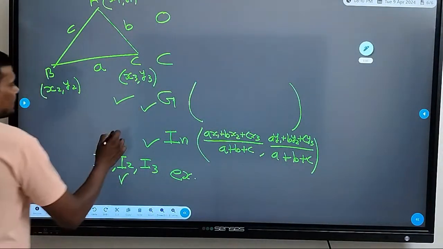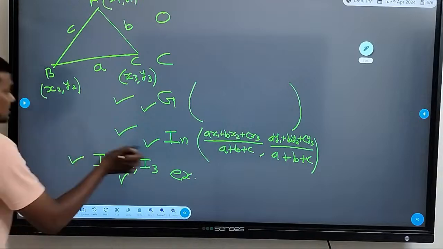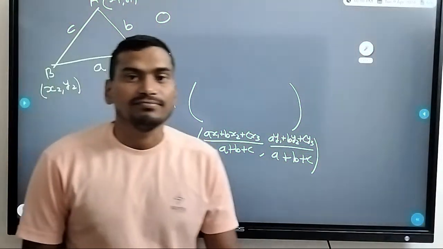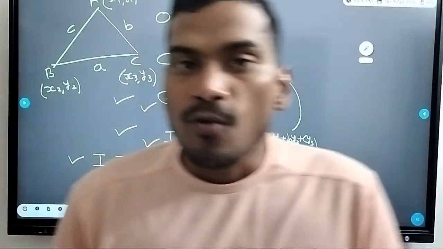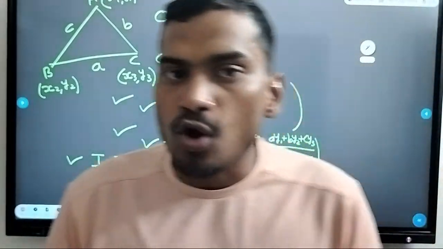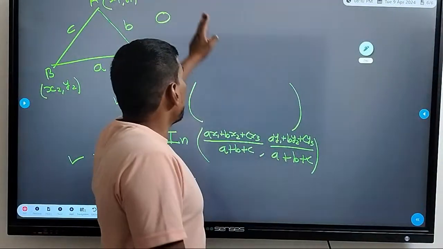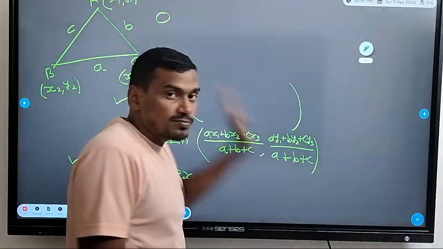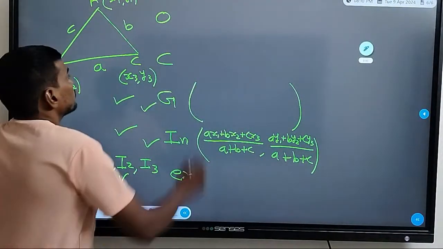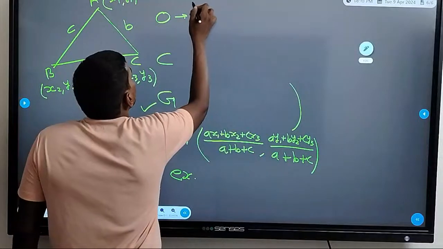So everyone is clear in these three now: centroid, incenter, and excenter. But the question is, what will be the coordinates of the orthocenter and circumcenter? So here also we have the formula.